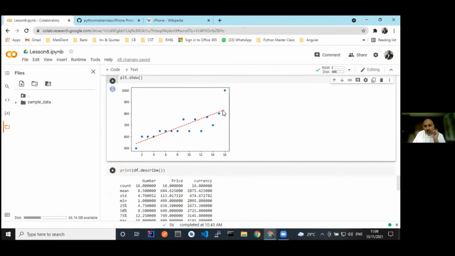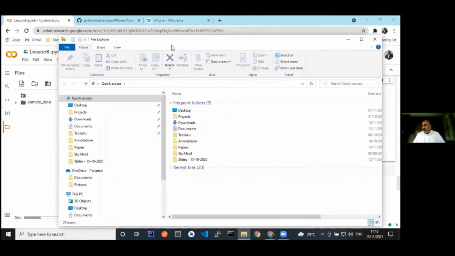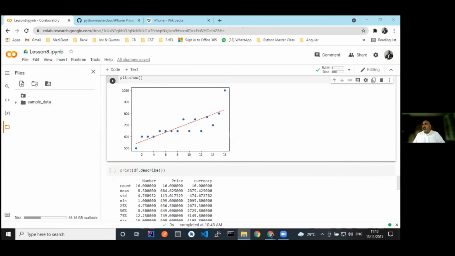Now, how do we measure that this is the best fit? Let me open up another slide of mine. This is from another class.